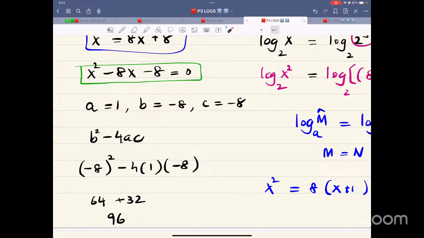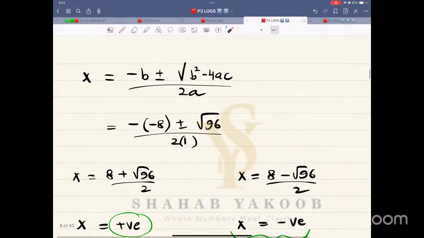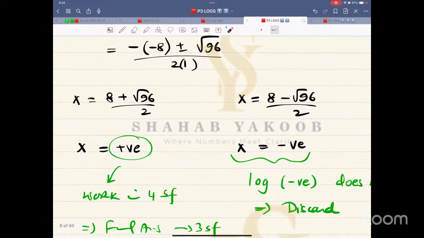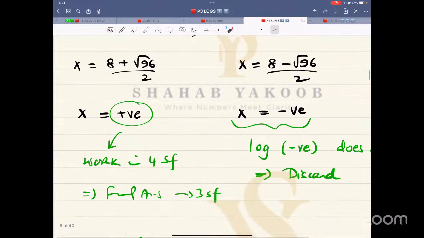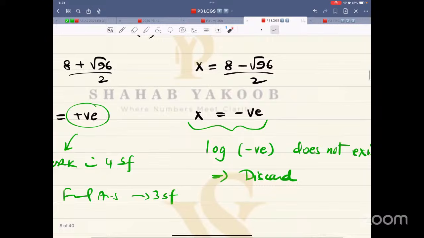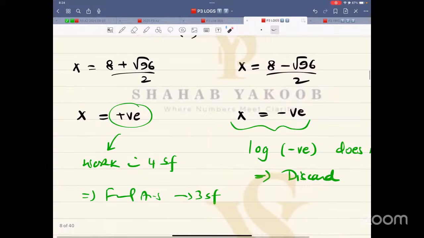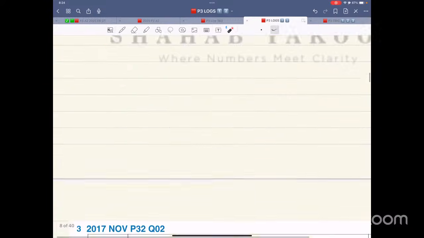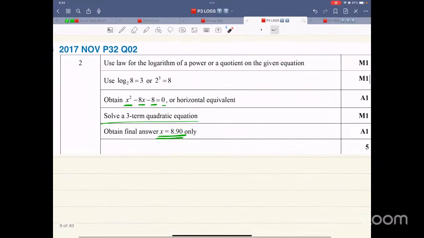Yes, I'll be getting a solution, but it's not a perfect square number. So I apply the whole formula. The value of x is positive, the value of x is negative, and log of a negative does not exist, which is why we are discarding it. Work in 4 significant figures. Final answer to 3 SF, x is 8.90. So that is the mark scheme over here.